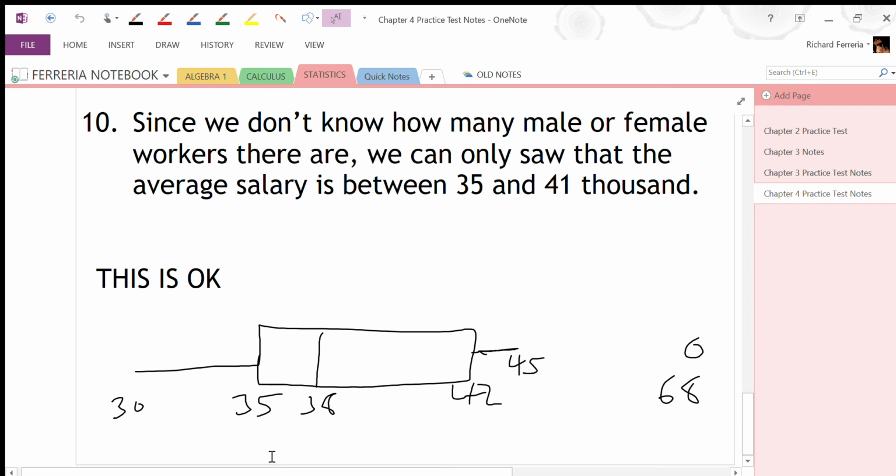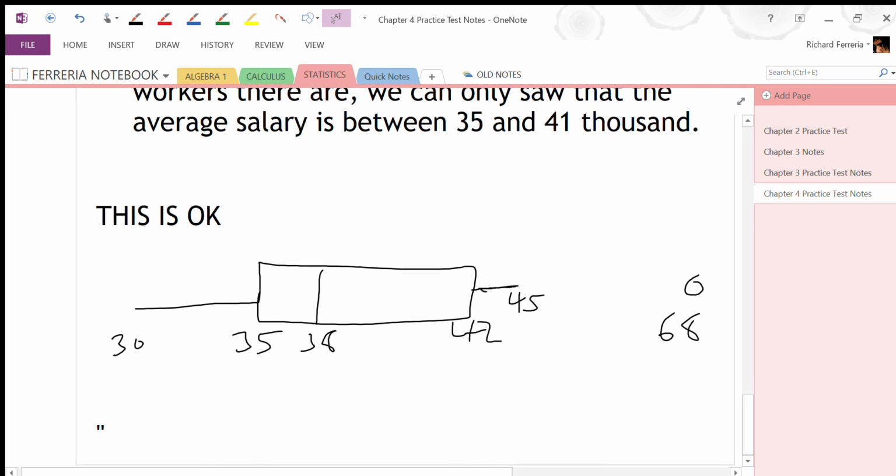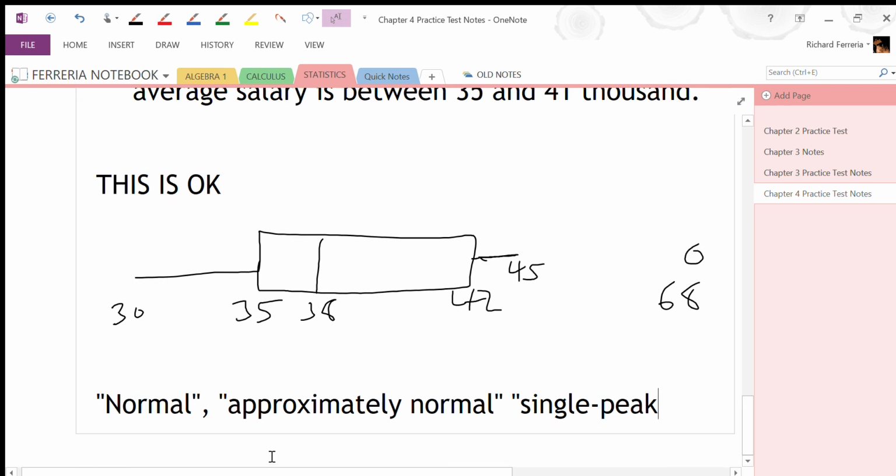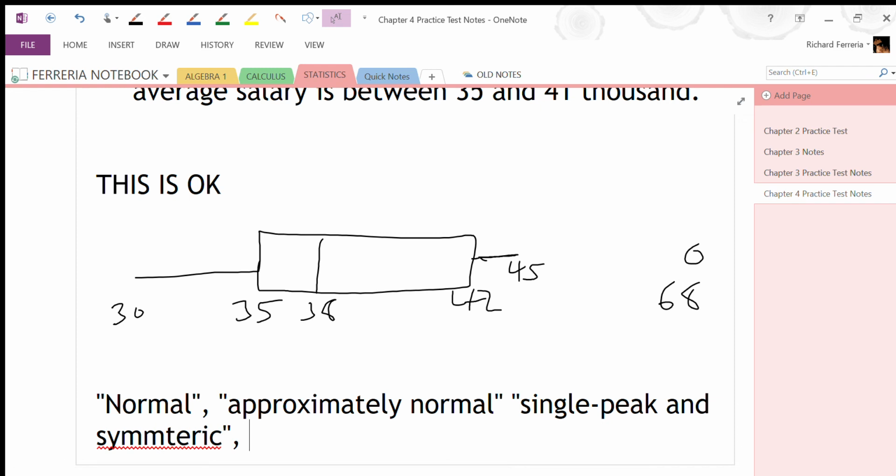Let's write that down. Normal, approximately normal, single peak, and symmetric. And there was one more, unimodal.